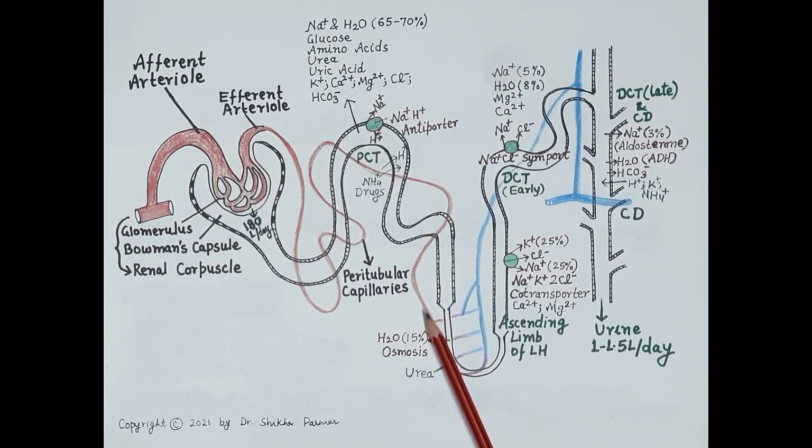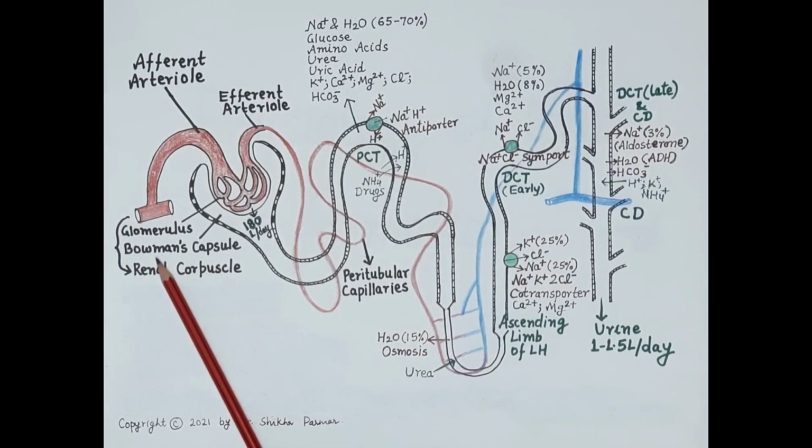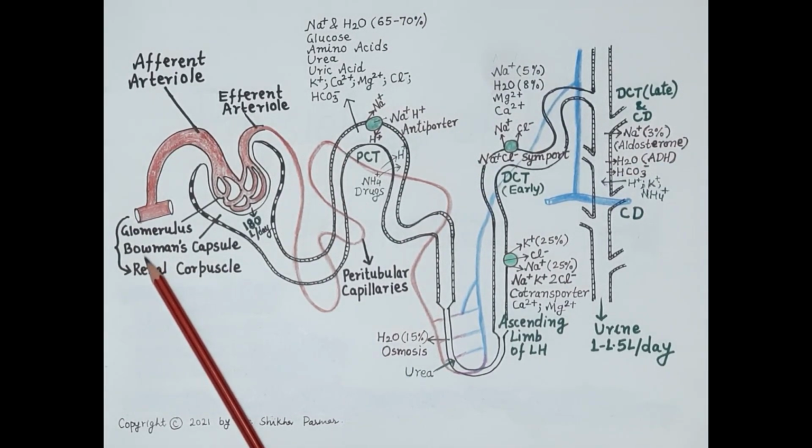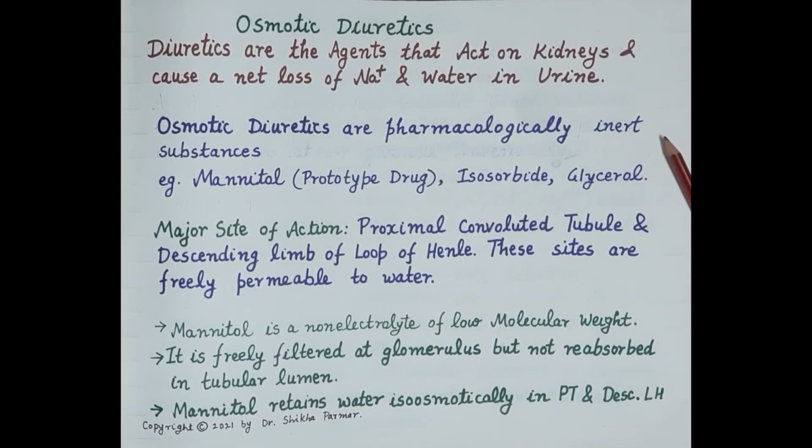Thus, diuretics are the agents that cause net loss of sodium and water in the urine. Since they increase the volume of urine and reduce the volume of blood, they are primarily useful in the management of edema and hypertension.